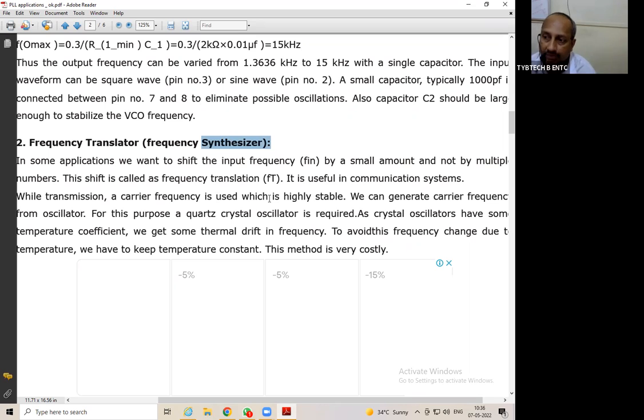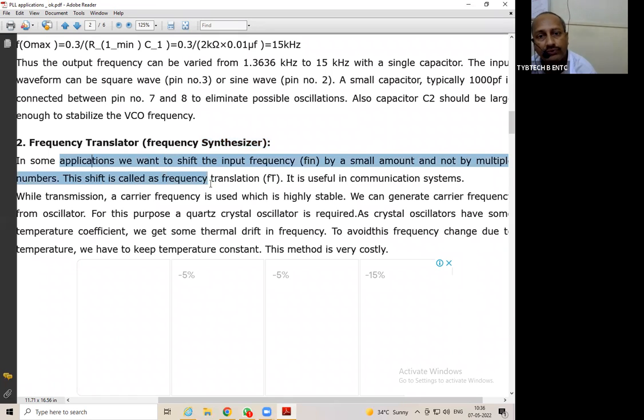That is, if the input frequency is 10 hertz, at output you will get 1 mega, 1 giga like this in a multiplier. But in a frequency synthesizer, it is a minor change.